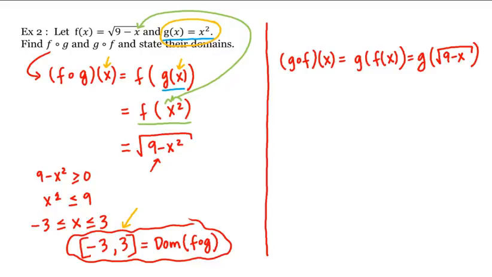And g of any input is that input squared, which is equal to 9 minus x. Now looking at this final form here, the domain would be all reals, wouldn't it?